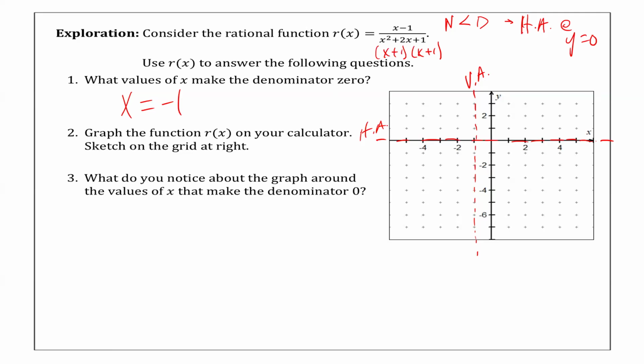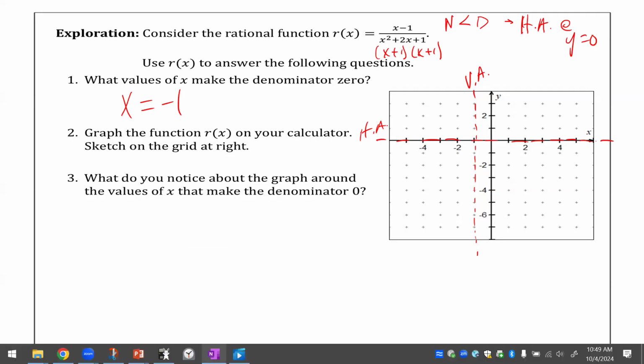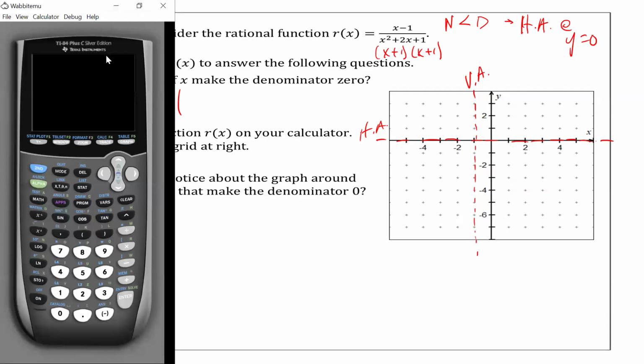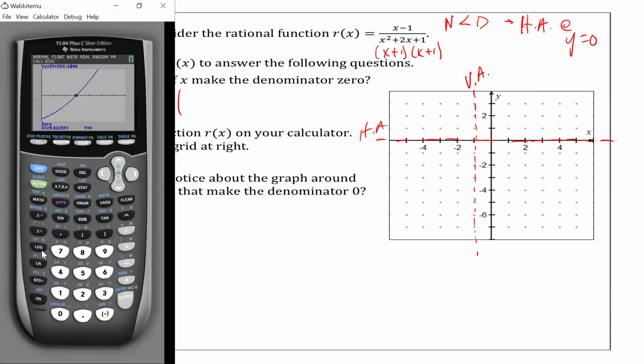But anyways, graph it. So once you graph this, you're gonna see something funky happen. Let's see what happens. That's funky. All right, so I'm gonna go to Sylvie, good old faithful.